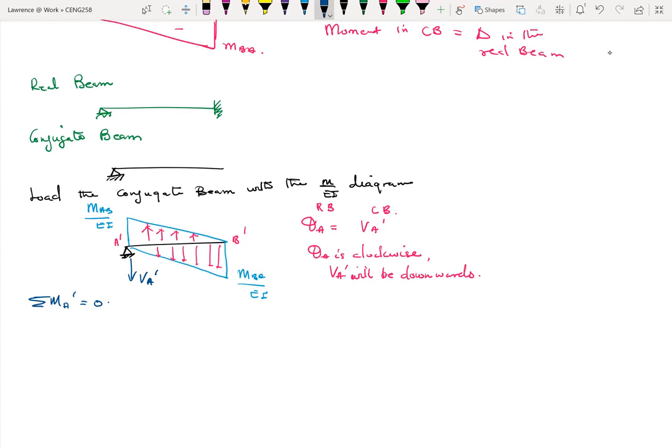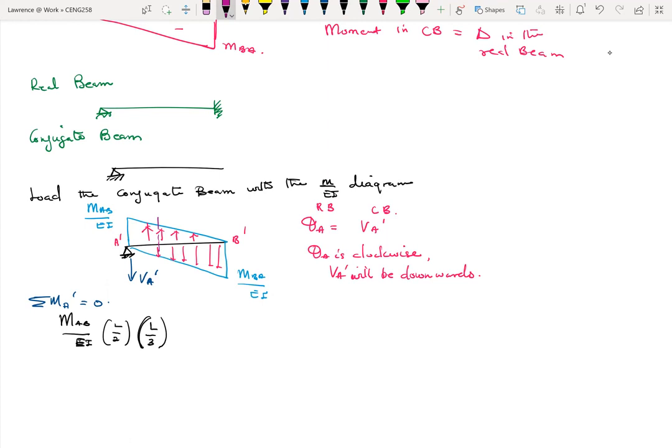So let's start with the first triangle at the top. So we have MAB over EI, okay, times L over 2. This will give me the area of the triangle, all right, times L over 3, which is the moment arm, because you find the moment about A. The moment arm of the top triangle will be somewhere here. That distance becomes 1/3 of L.